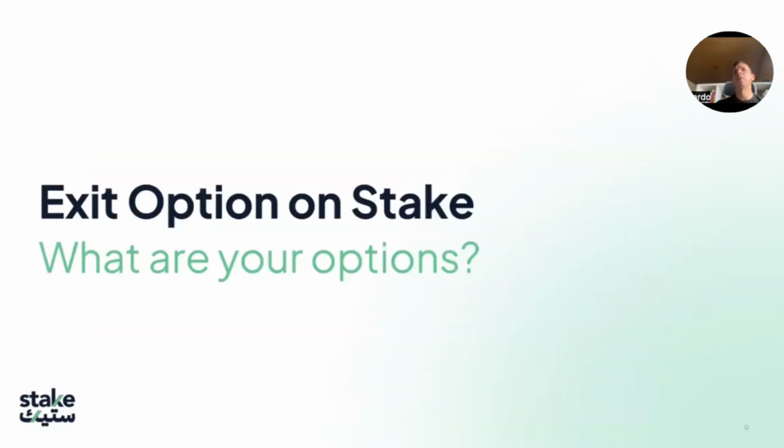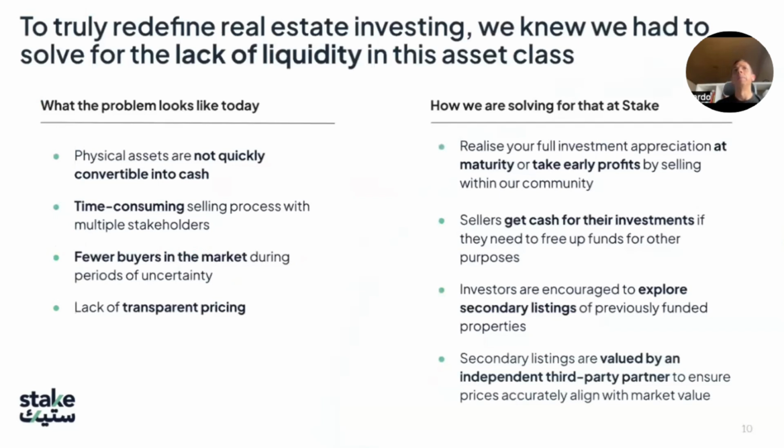Let's talk now about what our options are to exit properties at Stake. So what is the problem today, and what are we trying to face? What is liquidity? Liquidity is the ability to liquidate the asset class. So if you have a property, it's how easy or how hard it is to liquidate that asset.